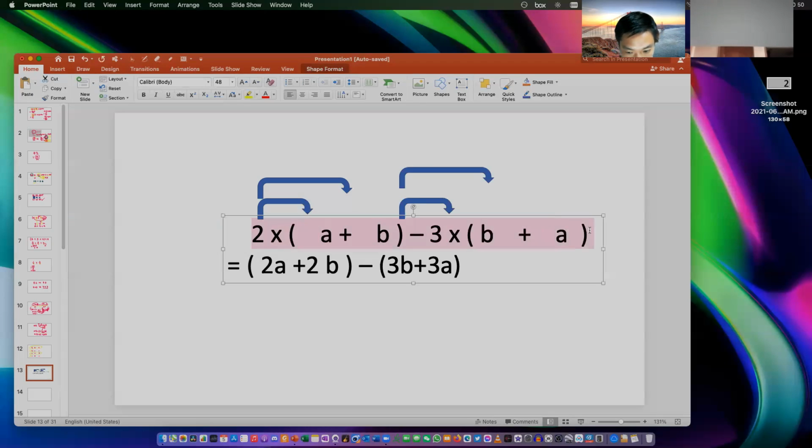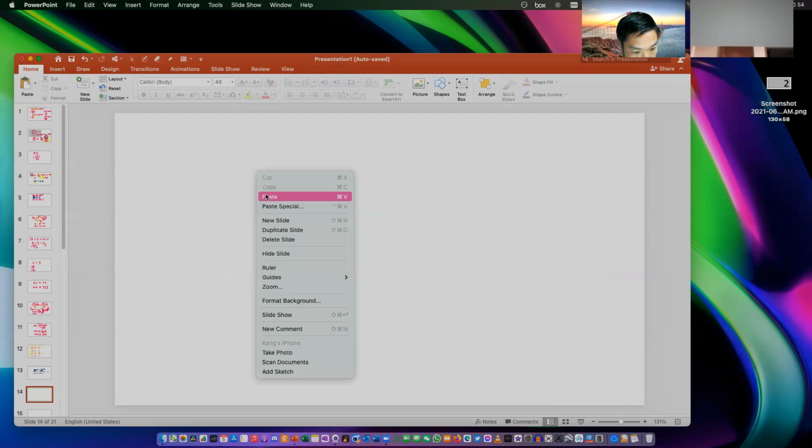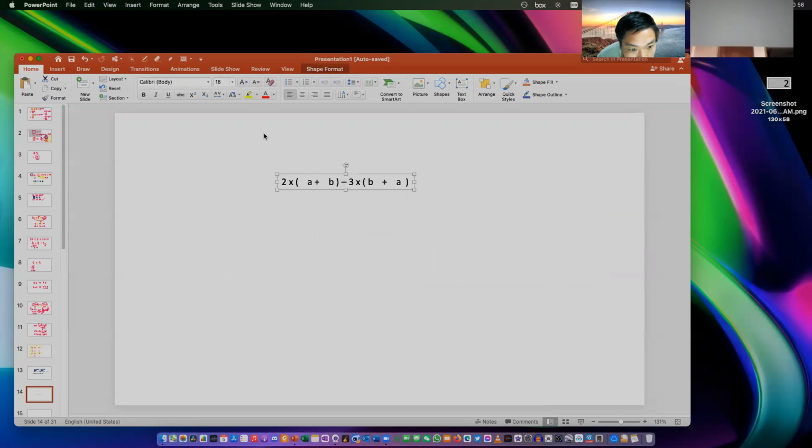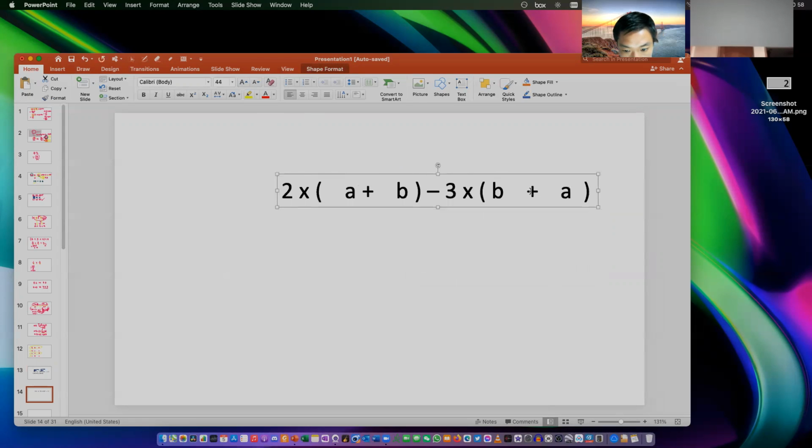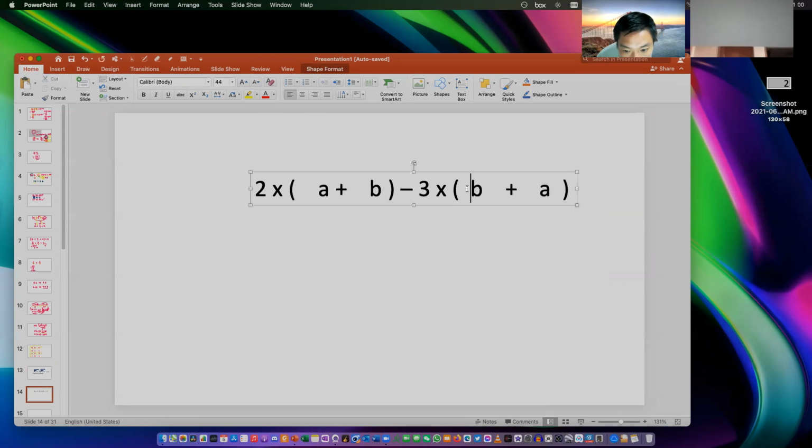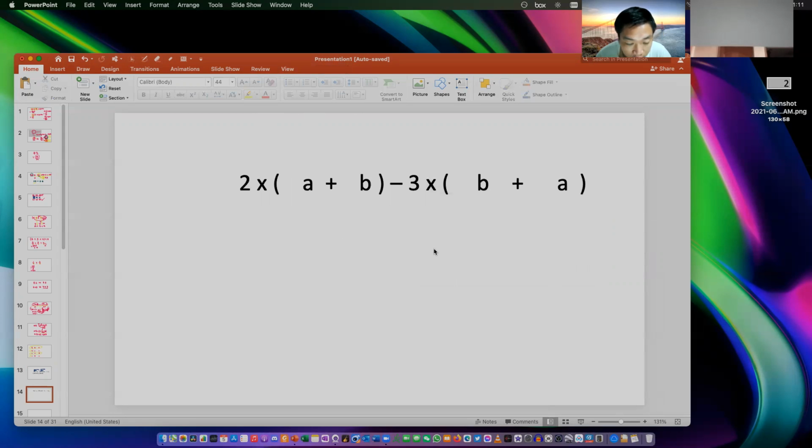Okay, so let me just get this question out. Make it bigger. Okay, so far so good. So this is the same question. I just give myself more space only. What you do here is, of course, you need to do the first arrow, second arrow thing, right?